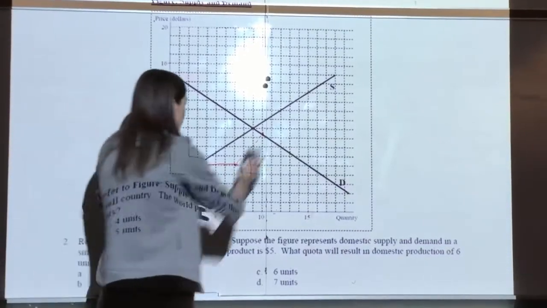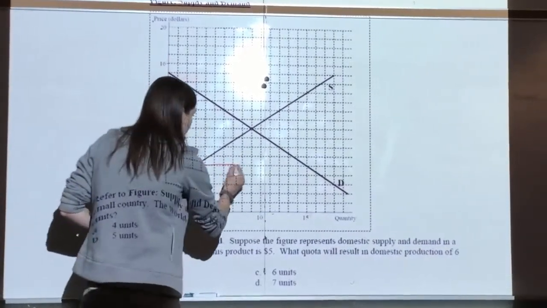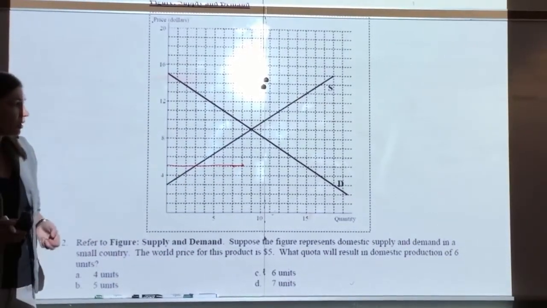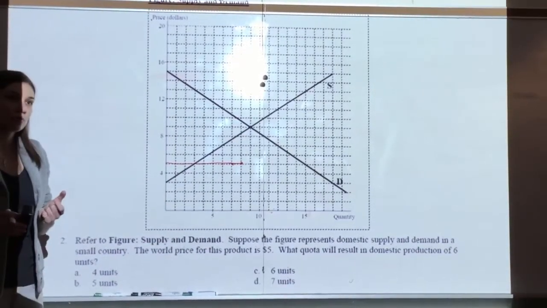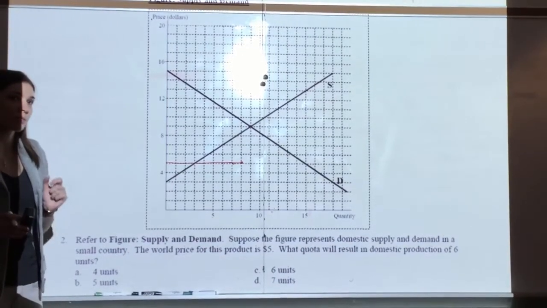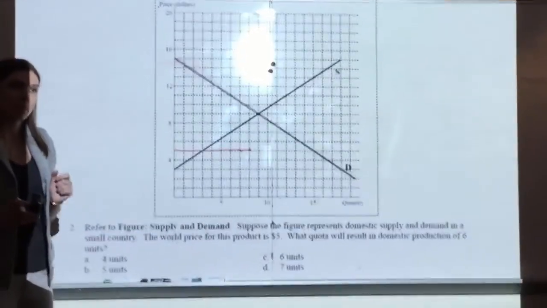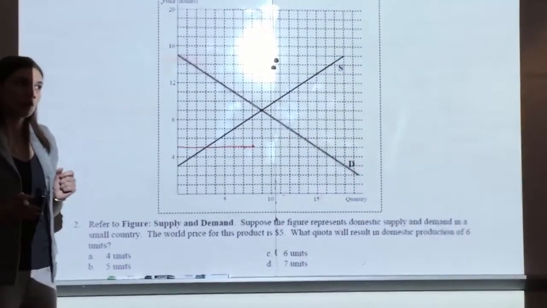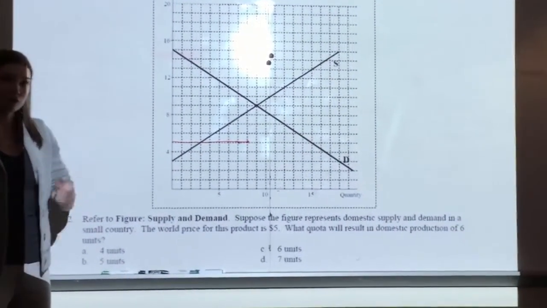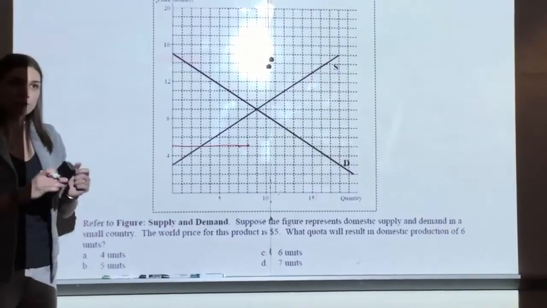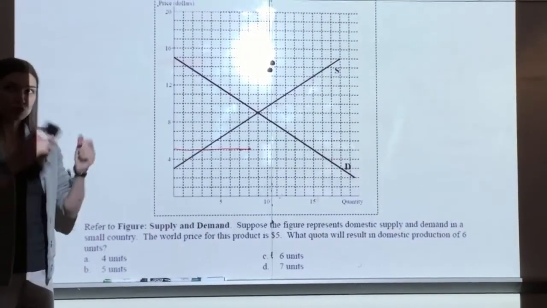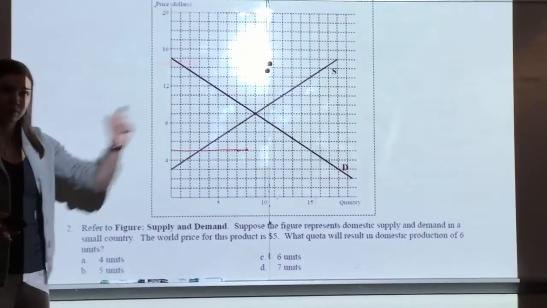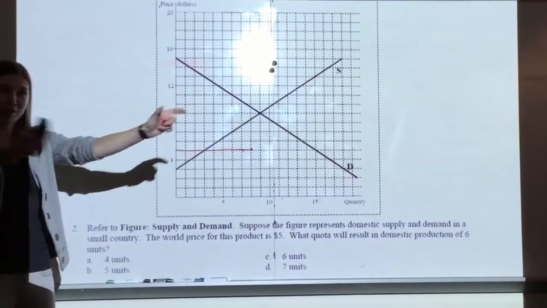If you try the second one, which is 5, with 5 as a quota, what do we need the total amount sold to be so that domestic supply is 6? If we import 5 and we want domestic suppliers to provide 6, what should the total quantity sold be? 5 comes from outside, 6 comes from the inside.